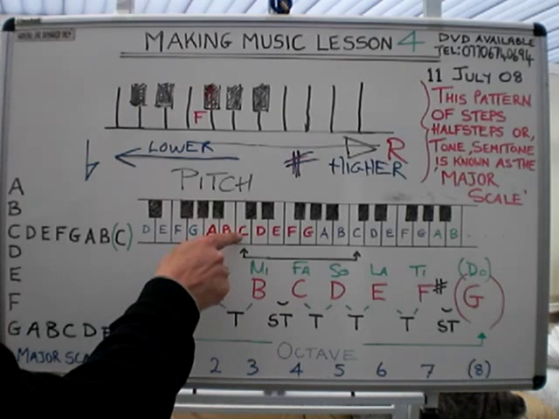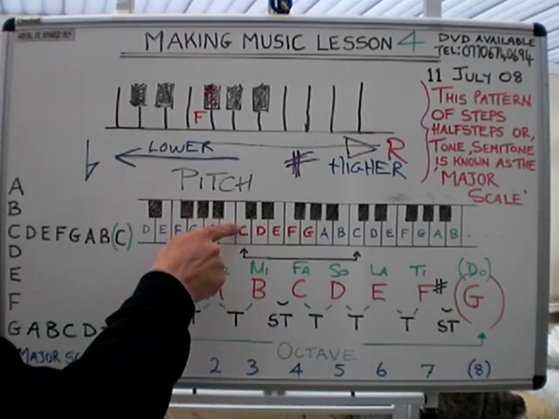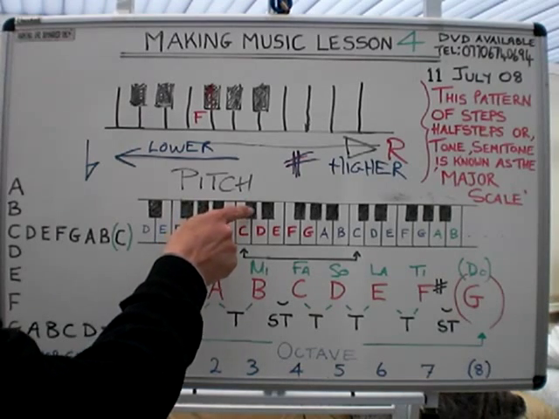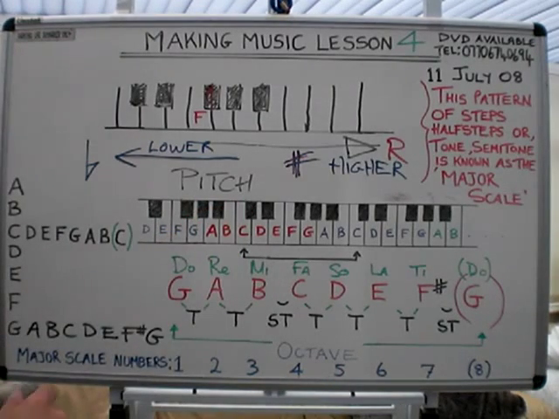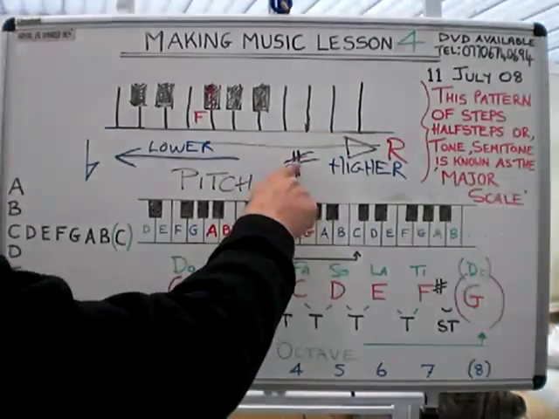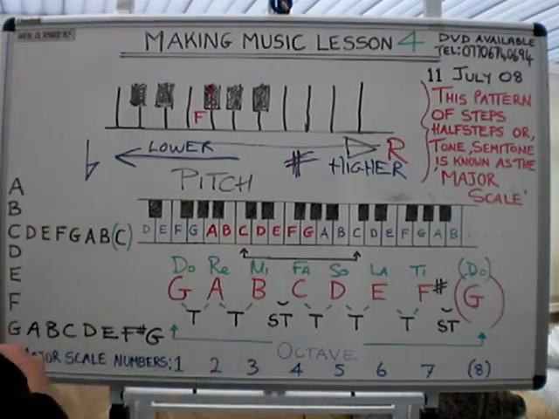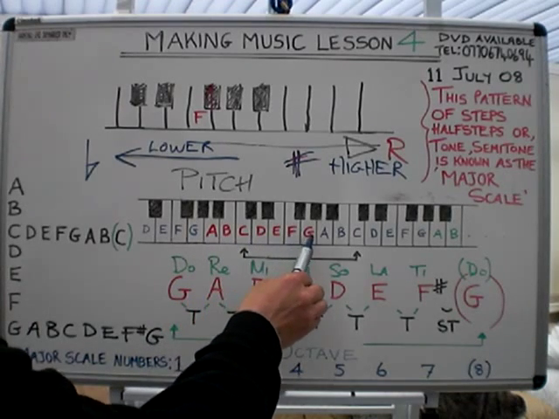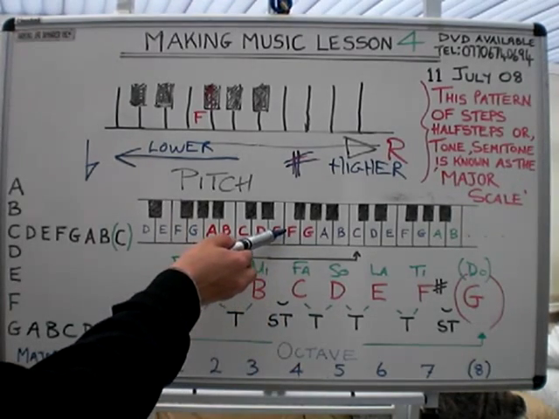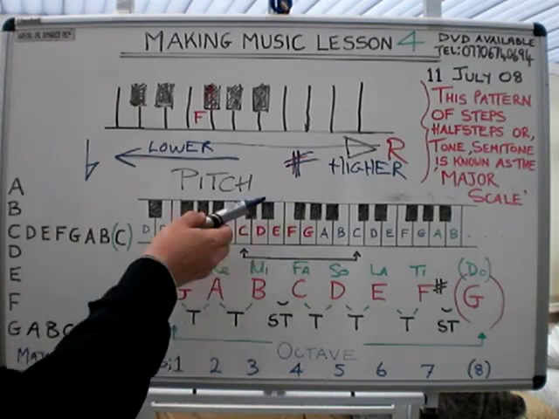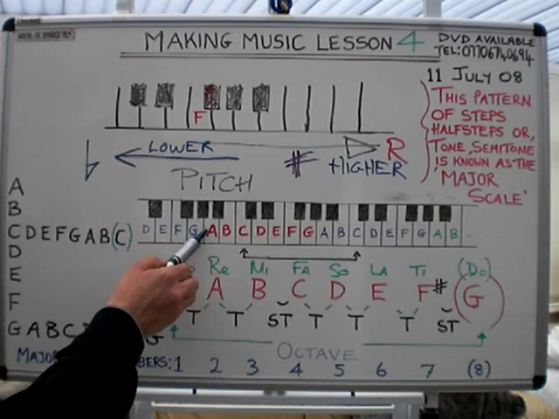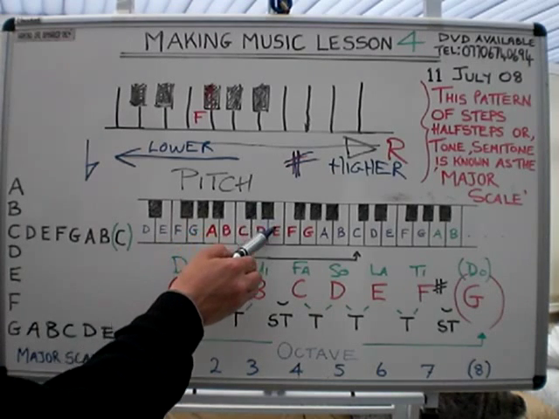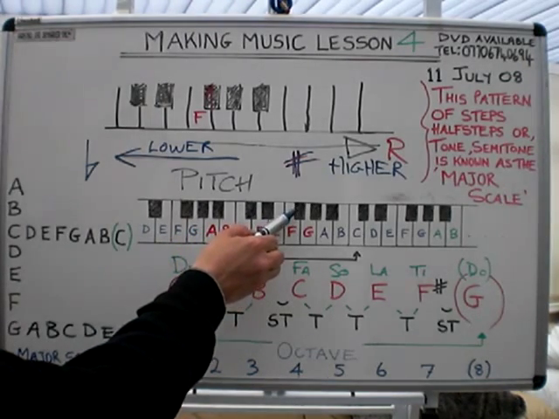So let's look at this C. If we raise that to this, if we land on there, it's a raised C. Going higher in pitch, so it becomes sharpened. But as we were covering the G, A, B, C, D, E, F, G, when we got to the F, it was raised. Watch. Tone, tone, semitone, tone, tone, tone.